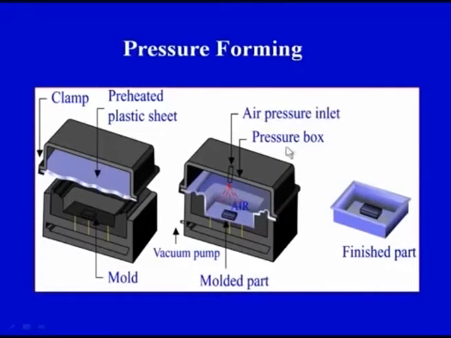So the air pressure inlet is there. This is the pressure box, and because of the pressure of the air, this preheated sheet, which has already softened because of the heating action, will conform to the shape of the mold cavity.